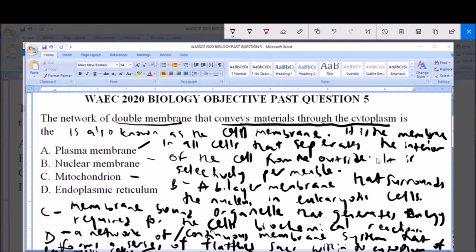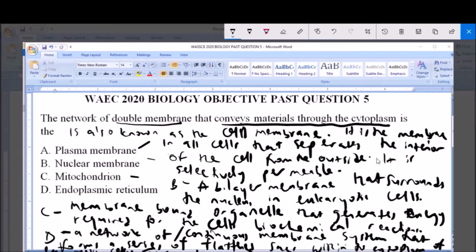Now its main function is transport of proteins as well as synthesis. It also assists in the synthesis, packaging, but mainly for the transport of proteins and other materials within the cytoplasm of eukaryotic cells.